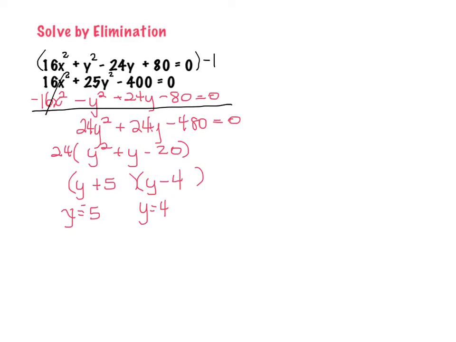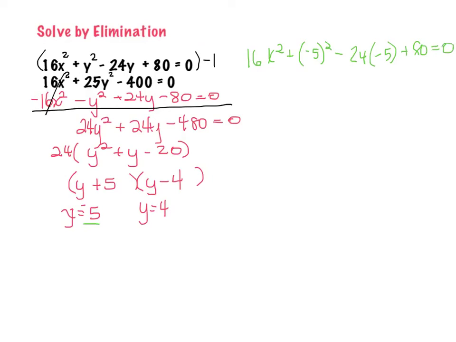So if I plug in negative 5 first, I will get 16x squared plus negative 5 squared minus 24, plug in negative 5, plus 80 equals 0.